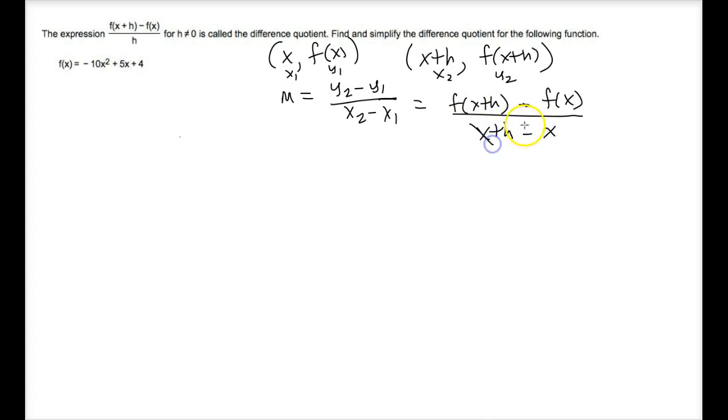And of course, these x's cancel to 0, and we just end up having the difference quotient here.